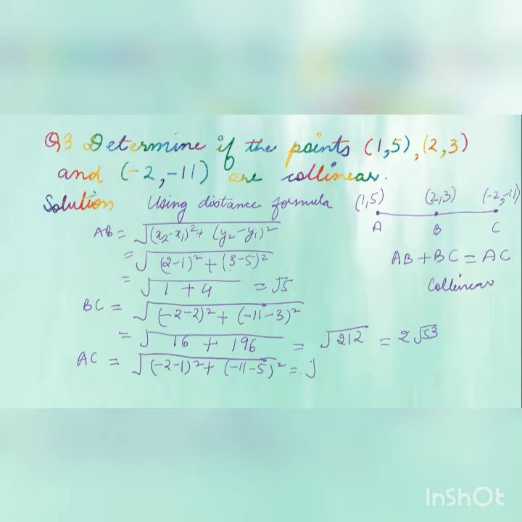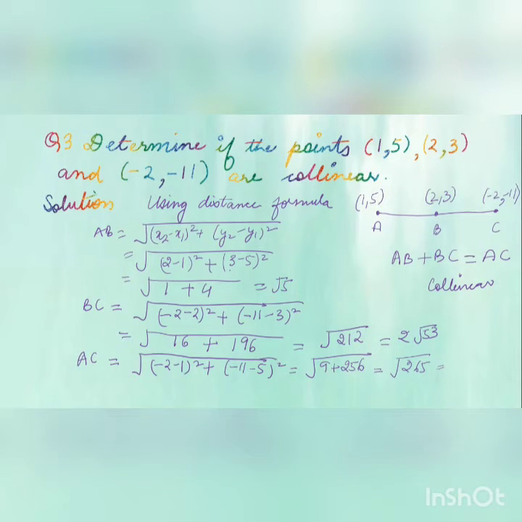So it will be minus 3 whole square, 9, plus minus 16 whole square, it is 256. Just add it, it is 265. Just do the factors for it.